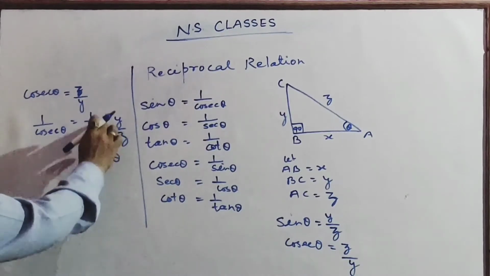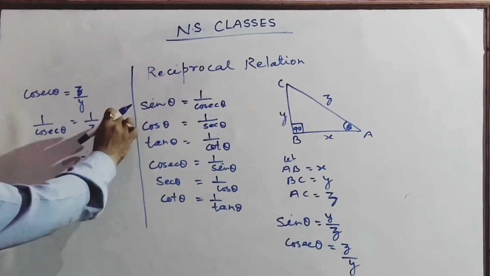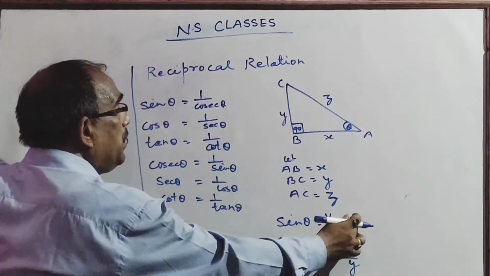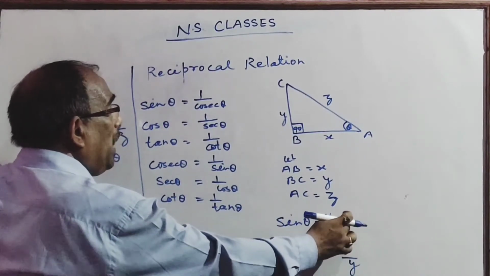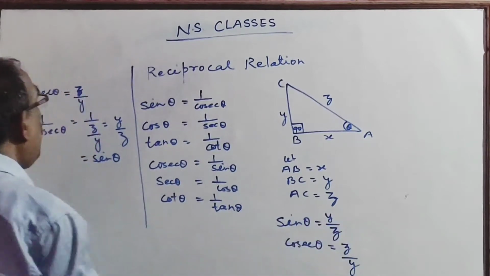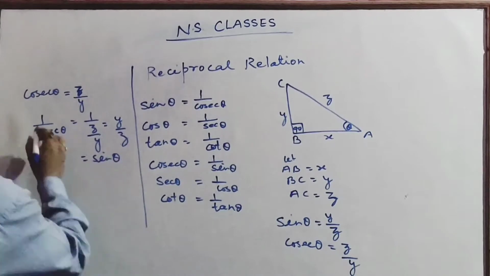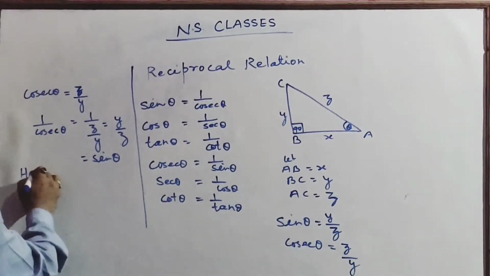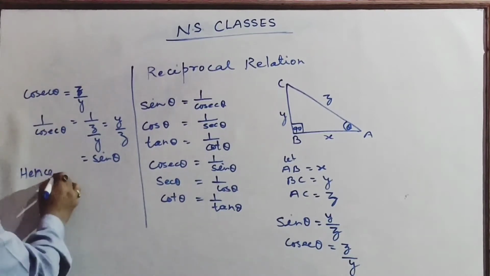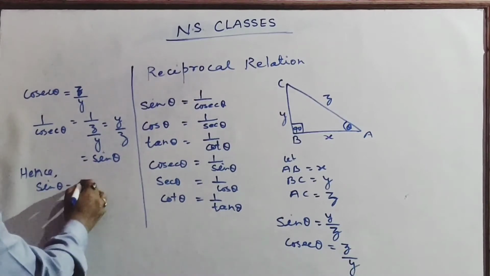So this y will come up and we can write this one y by z. And we have already studied, this fact is known to us, that sine theta is equal to y by z. Hence we can write sine theta is equal to 1 by cosec theta.